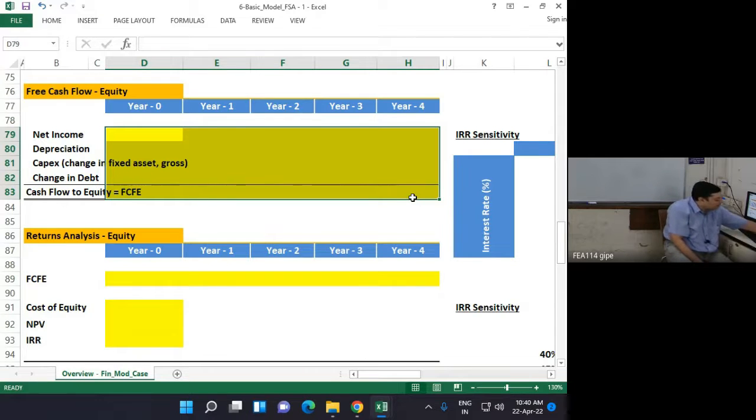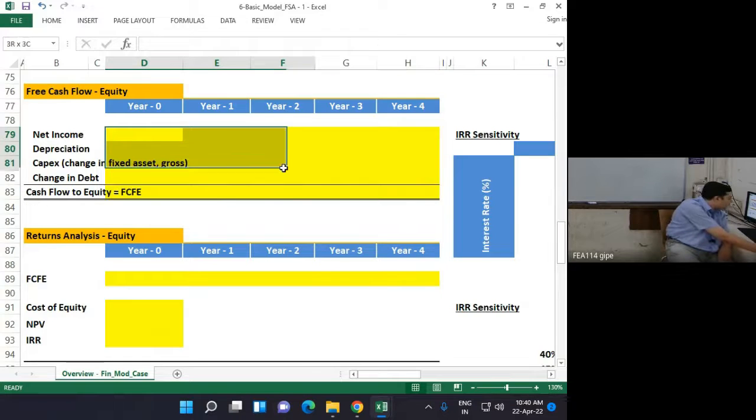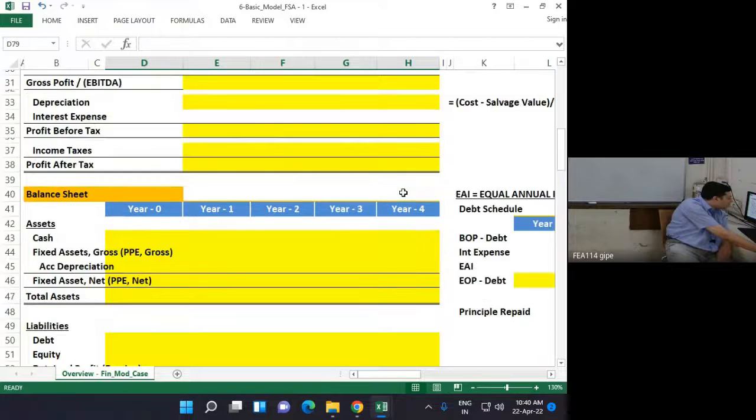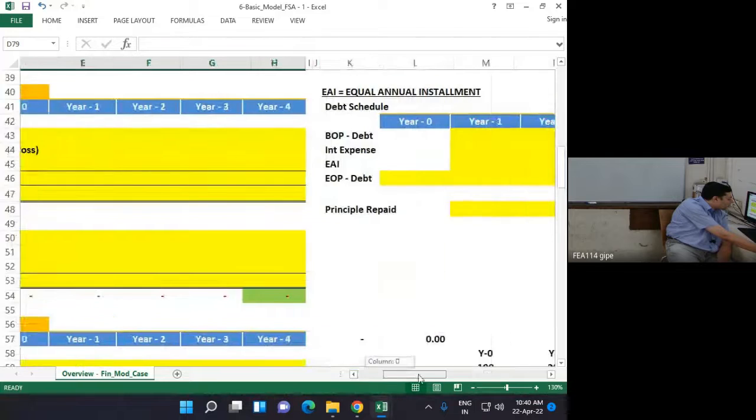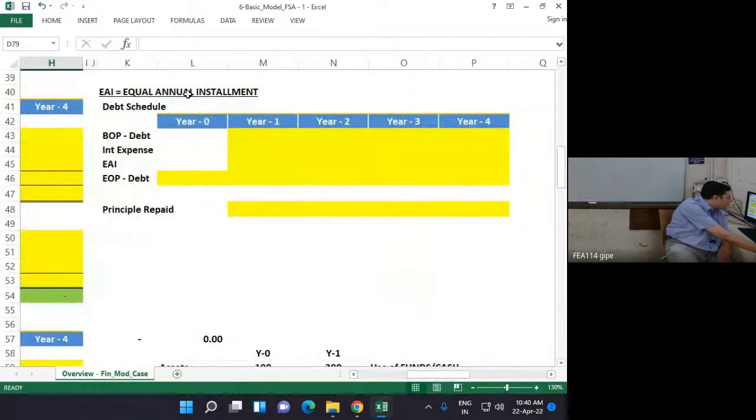After the balancing of the balance sheet we will need it. So delete this entire thing from D79 to H83. Okay, blank it out.